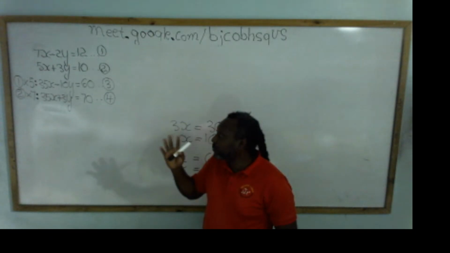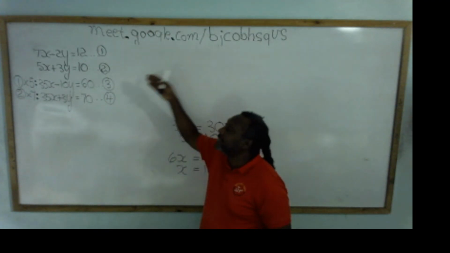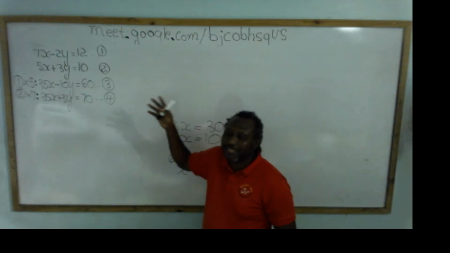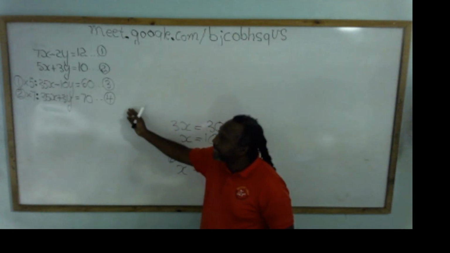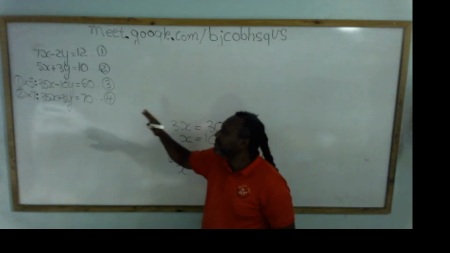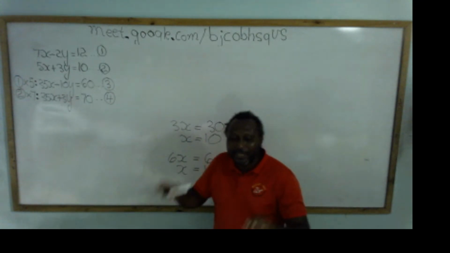So it is perfectly legitimate to take the first equation and multiply by 5 because it does not affect the equation. The integrity of the equation is not affected. Only the numbers are different because you just multiplied by 5. The next one, the same. The integrity of it remains the same.